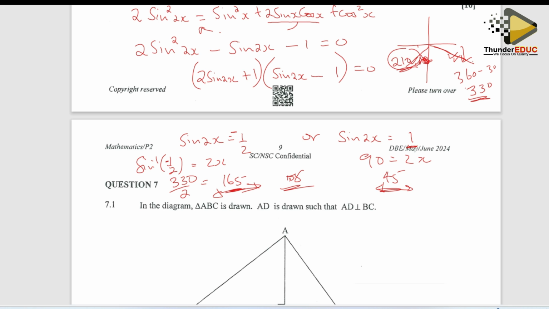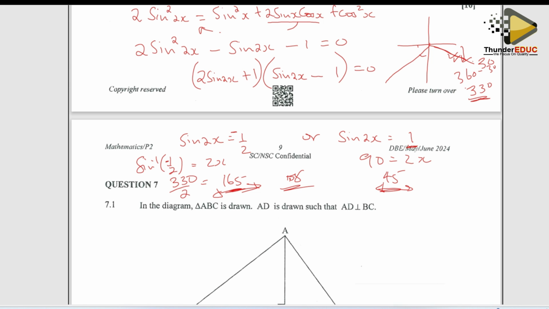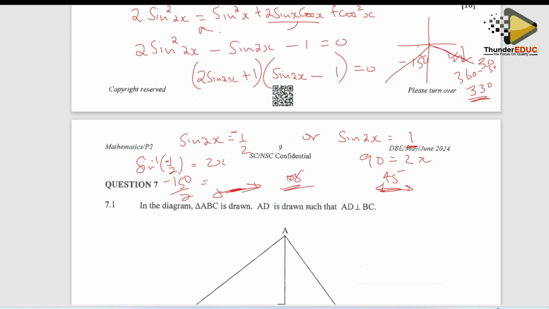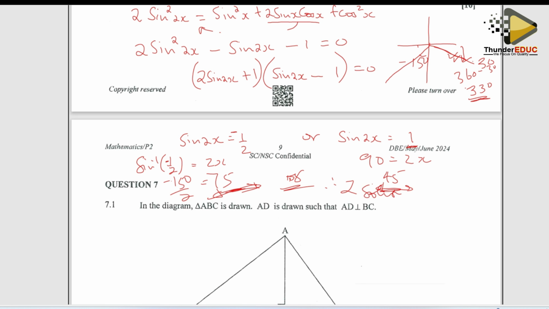Because if this is a 30, we expect the next one to be 150 down negative. Okay, so negative 150 divided by 2, that's how we get the 75. So we have just 2 answers, but 2 solutions.